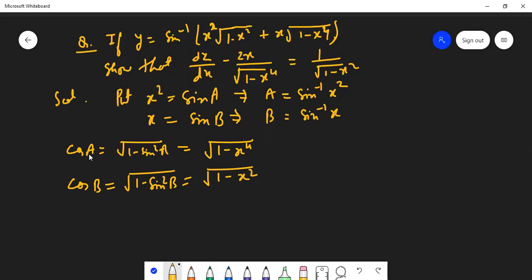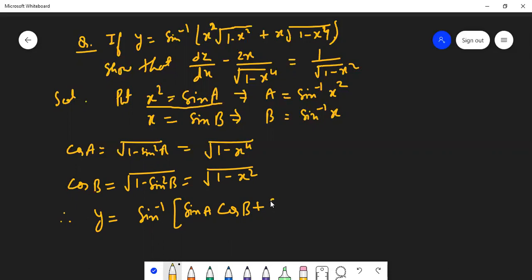Now coming back to the question, I can say therefore y is equal to sine inverse of x squared, which is sine A, times the square root of 1 minus x squared, which is cos B, plus x, which is sine B, times the square root of 1 minus x to the power 4, which is cos A. So I just rearrange it.